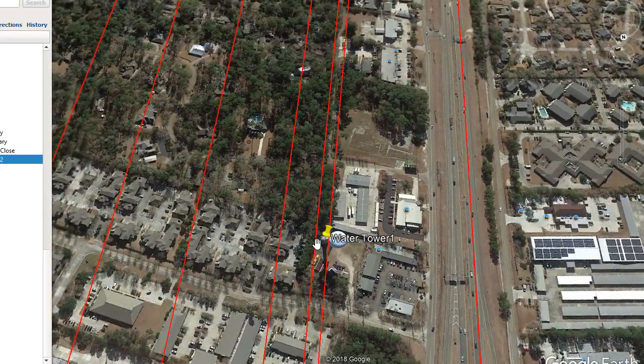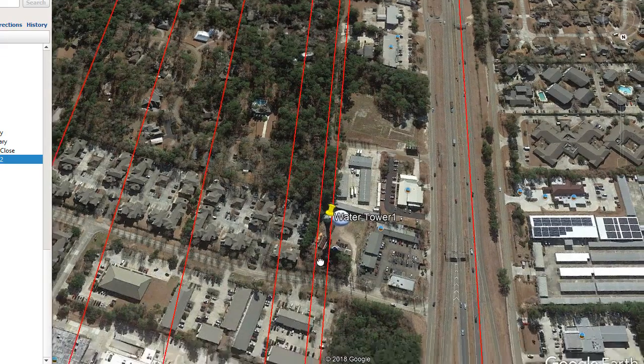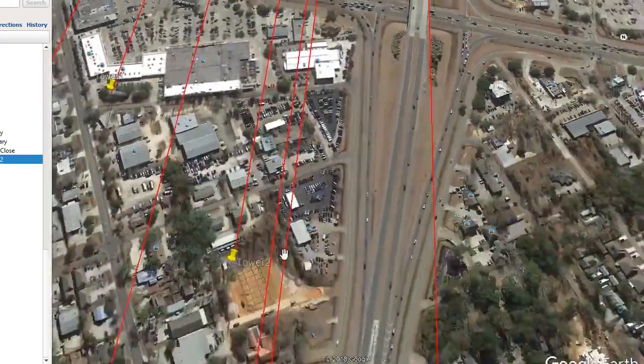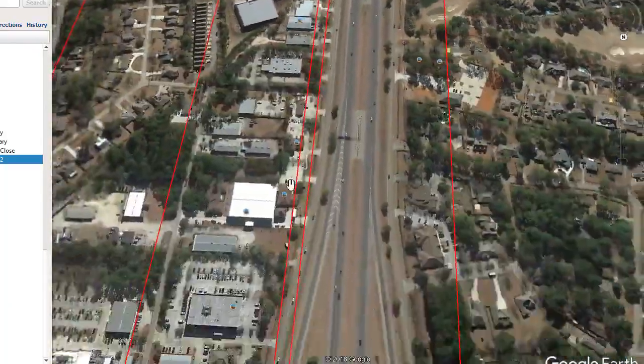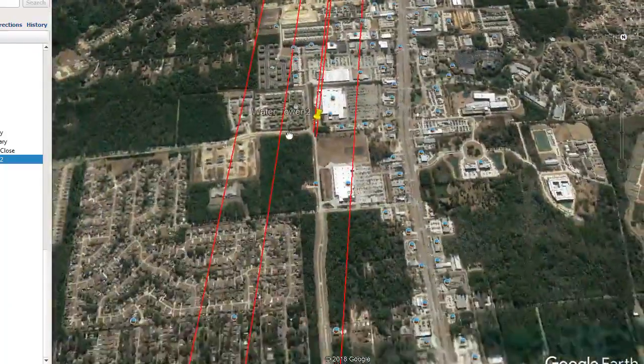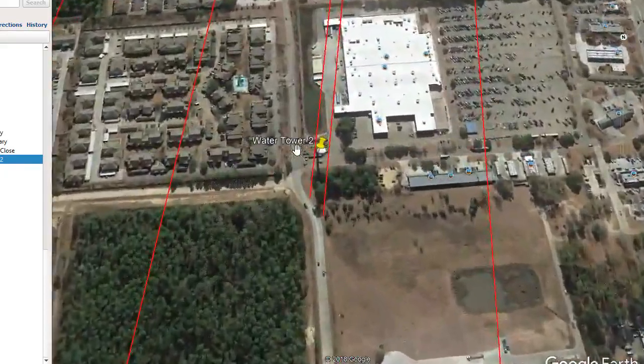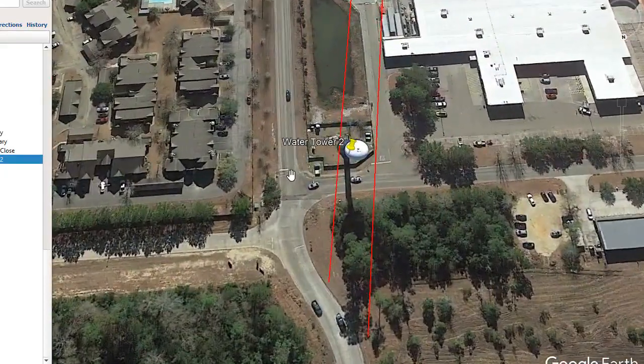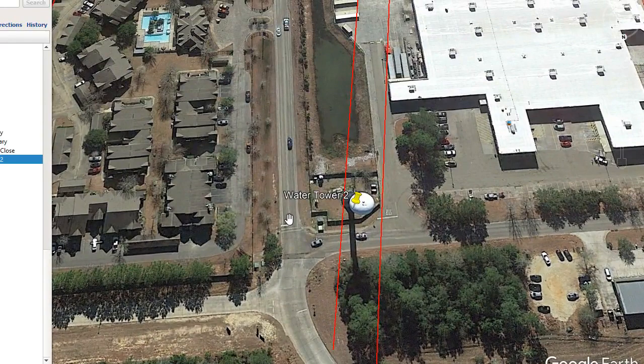Right now I've got it between the lines just because I was trying to see if it was possible that we were seeing the further back tower, and at this point I don't think it is, but I just want to show what that tower looks like because I found it really interesting that they're both in almost exactly the same line of sight.